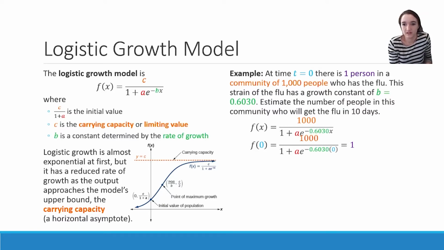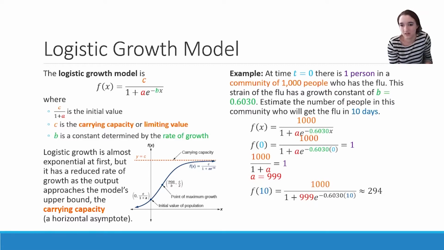First our initial value is at time 0 there is one person, so when I plug in 0 it has to equal 1, but remember that doesn't mean a is 1 this time, because our initial value is c over 1 plus a, or in other words 1,000 over 1 plus a, so a ends up being 999. So our actual model looks like the following, and then I plug in 10 for t to get approximately 294. So in 10 days, 294 people are sick.